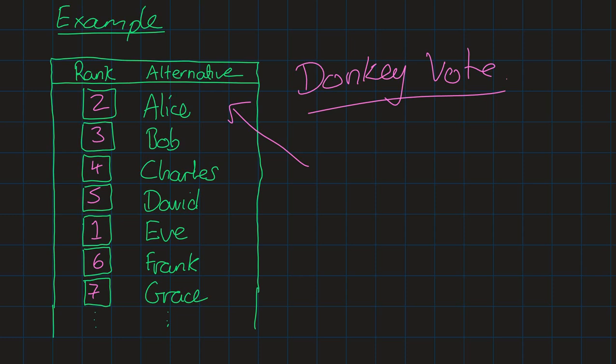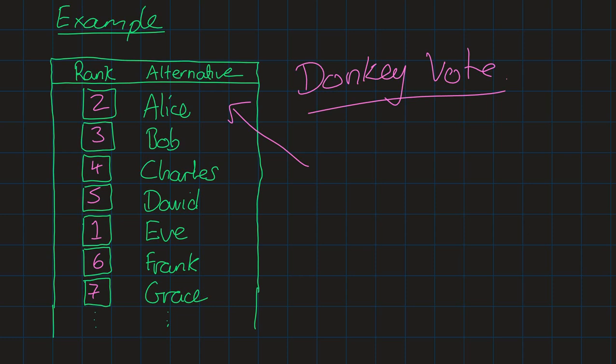For one thing, they do not, in general, list the alternatives in alphabetical order, because when people used to do this, there are cases of parties choosing deliberately candidates with names that appear earlier in the alphabet, just so they would be higher on the ballot, just so they would be able to take advantage of all this donkey voting that would happen.